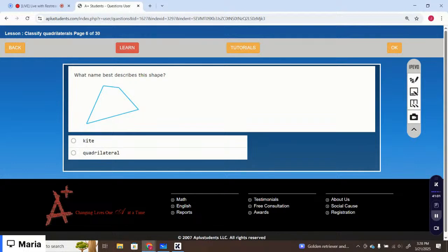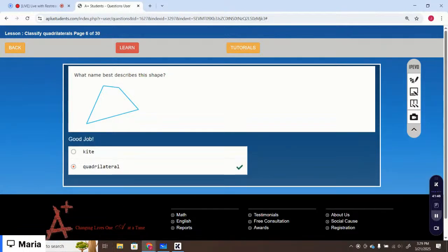What name best describes this shape, which is the correct option? Quadrilateral. Option number two is the correct option. That is not a kite.